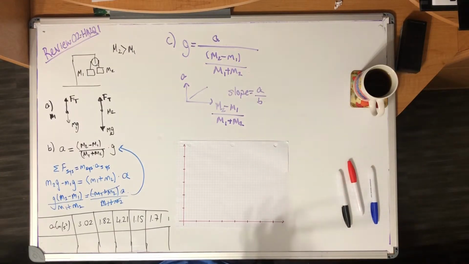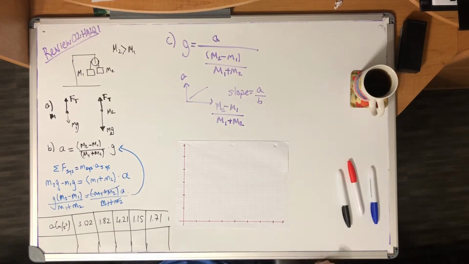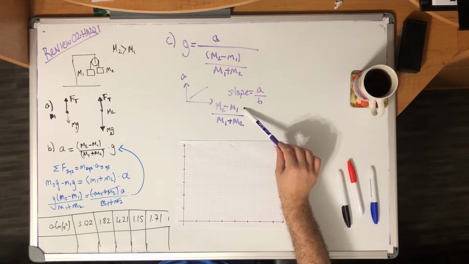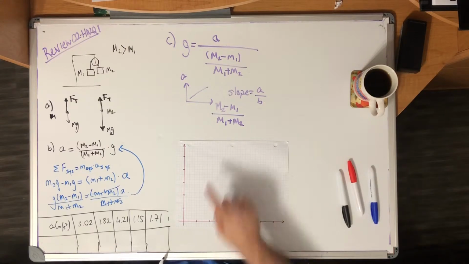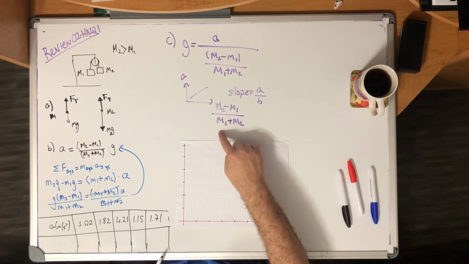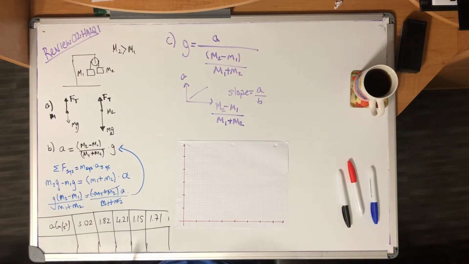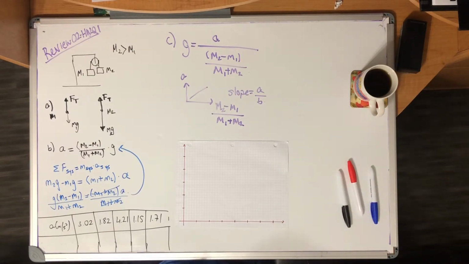So on my vertical axis I'm going to have a, and on my horizontal axis (m2 minus m1) divided by (m1 plus m2). I'm going to fill this out according to those values, then plot a against this, and the slope is going to give us experimental g.